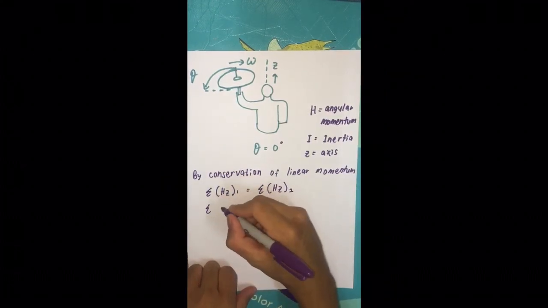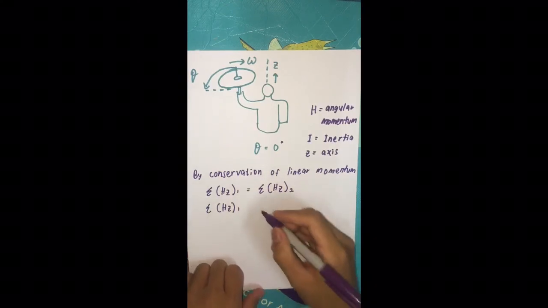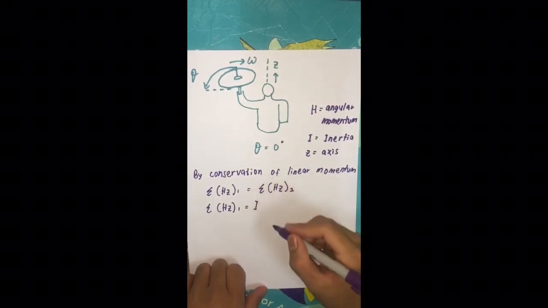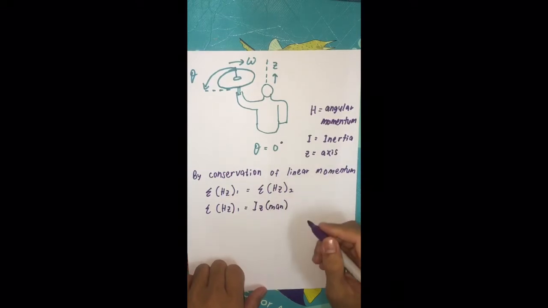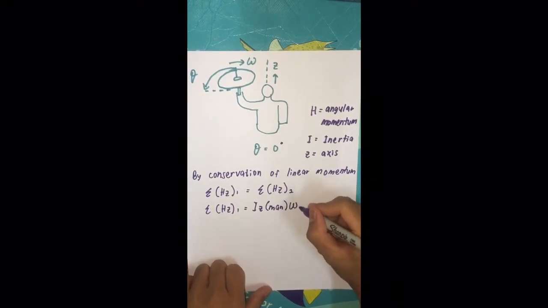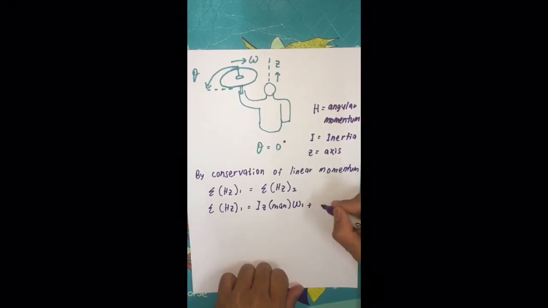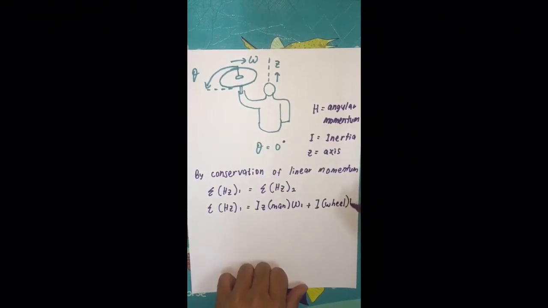Summation HZ1 equals the inertia about the axis of the man, Iz, times omega 1, plus the inertia of the wheel times omega 1.